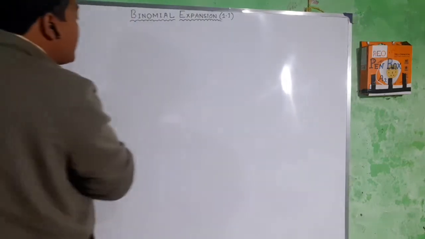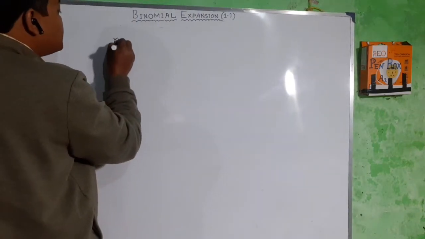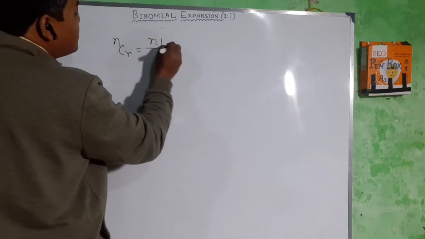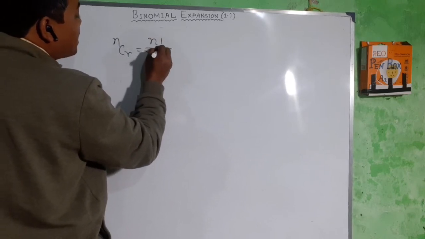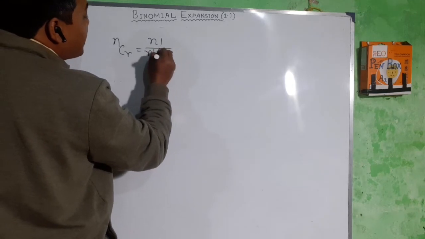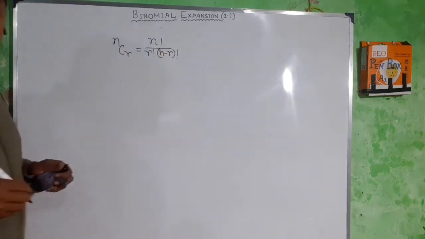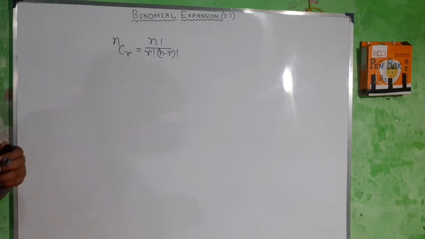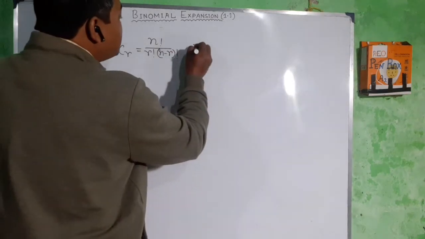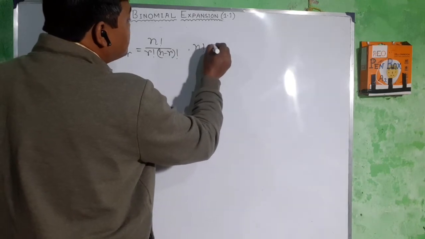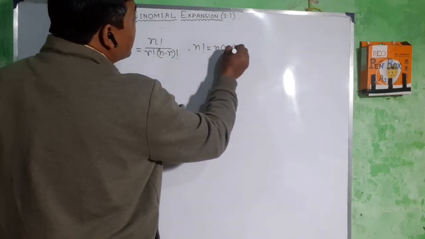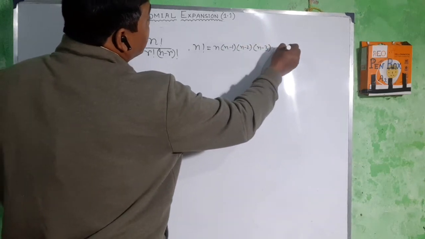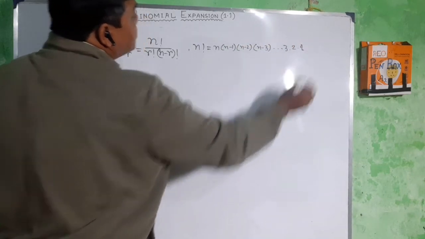So what about nCr? nCr means factorial n divided by factorial r into factorial n minus r, where by definition factorial n equals n into n minus 1, n minus 2, n minus 3, down to 3 into 2 into 1.